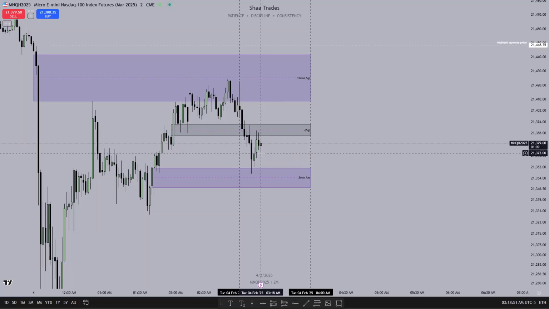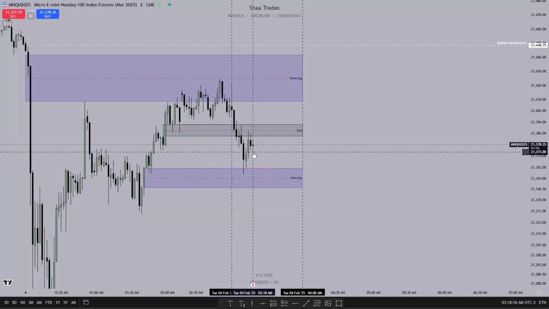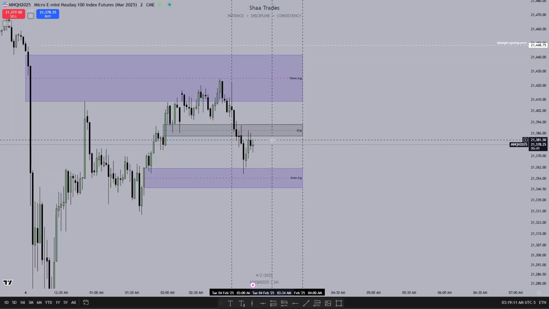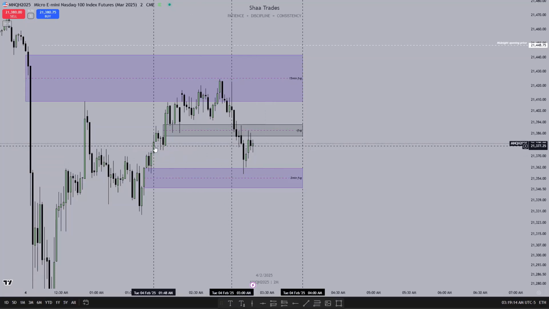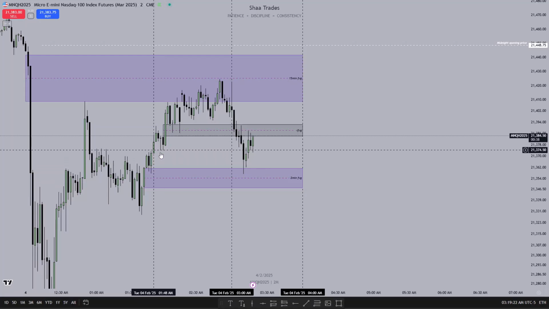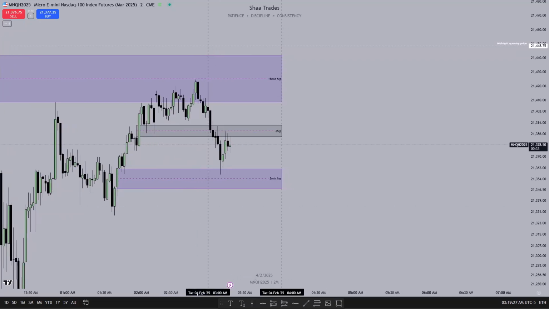Now we're breaking down here. Price breaks this one for sure. So we know price breaks this one, so we're going to keep this one off the chart. So now let's just see how it behaves.